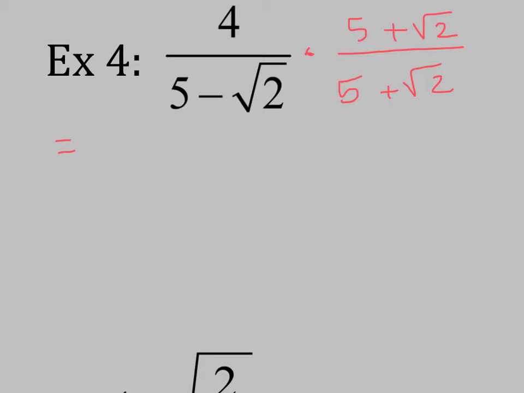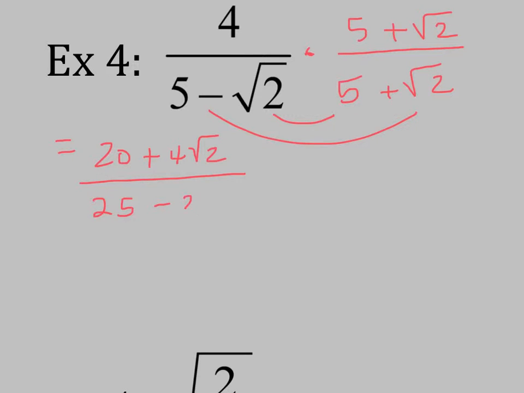I'm going to distribute the 4 through the numerator and FOIL the bottom. However, since the O plus the I from FOIL are the same but different signs, they're going to make a 0, so you don't really have to do FOIL, you just do the F and L part of it. And so we'll simplify this, and you get 23 in the bottom.